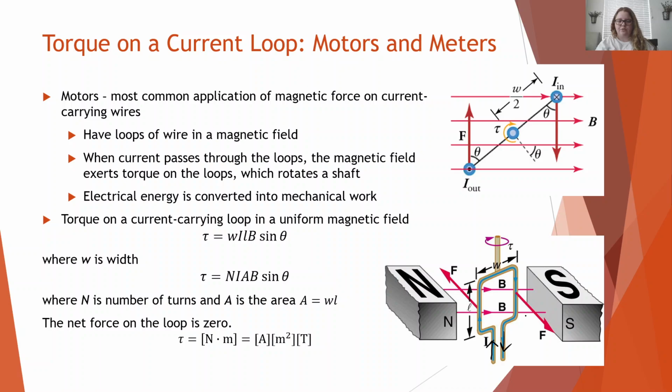This is the loop. With that current and magnetic field, there is some torque associated with it, and so the system starts to move. It moves with some torque tau around here.